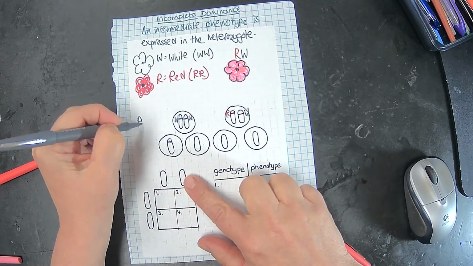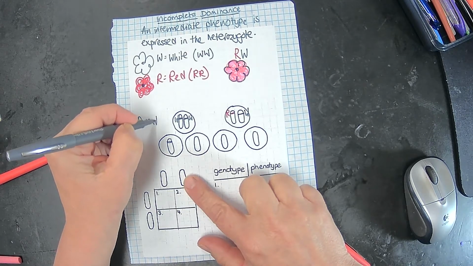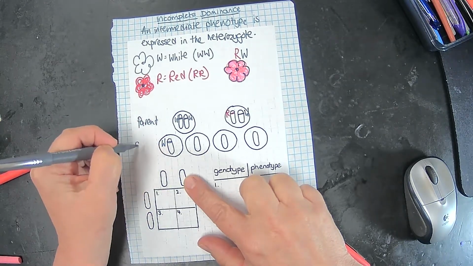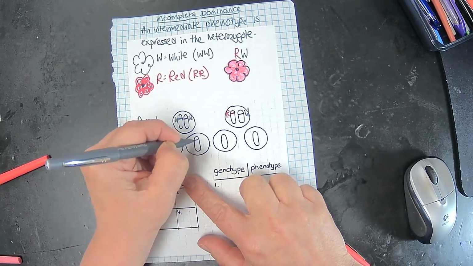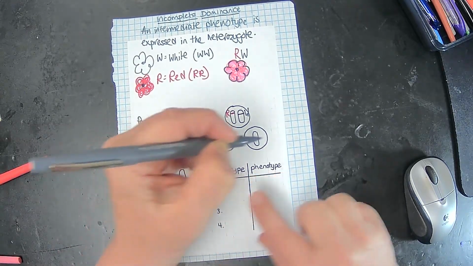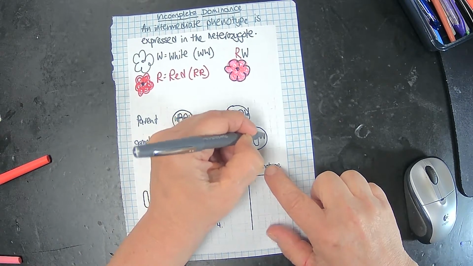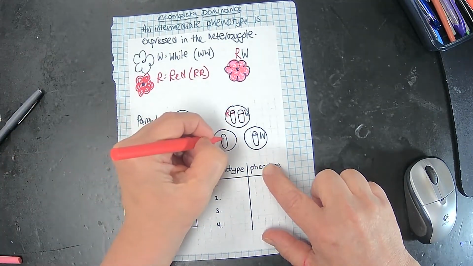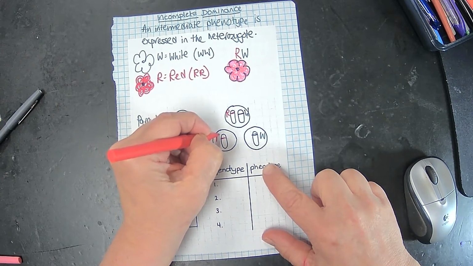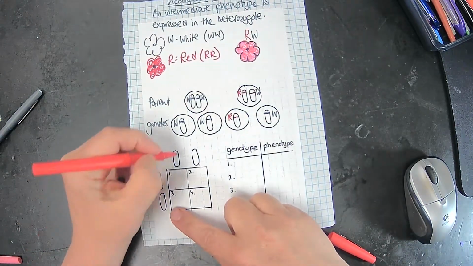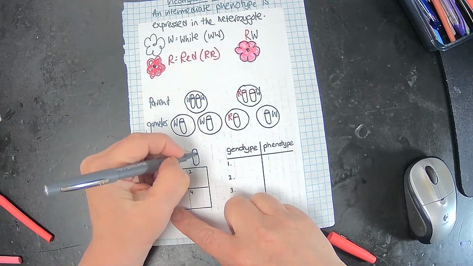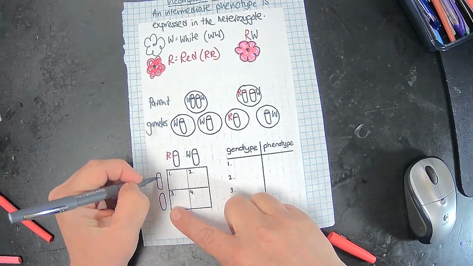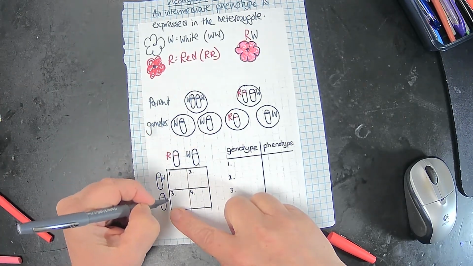So there's the parent genotype. That would be a W. This would be the gametes because they're in singles. That would be a W. This one over here would be a W. And this one here would be an R. So let's put my R here. And then we got W, W, W.